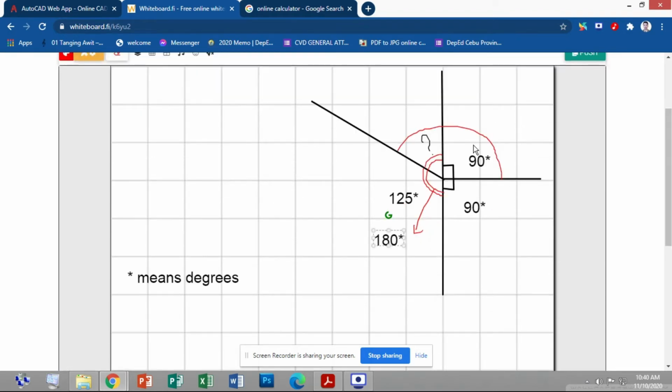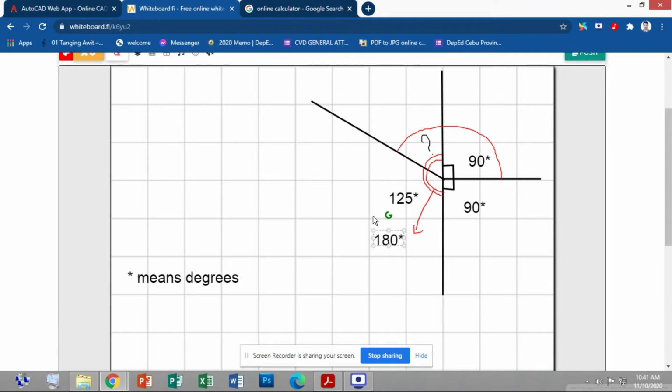Kaya ito, 90 plus 90, 180. Now, paano ngayon natin ito malalaman kung ano ito? Ang gagawin natin, si 180, babawasan natin ng 125 degrees. Ang matitira, ito na lang.